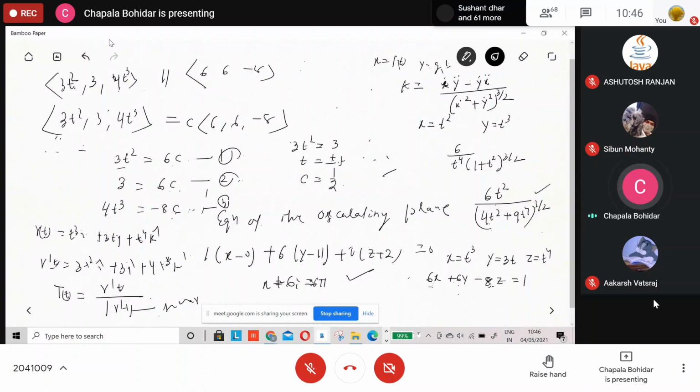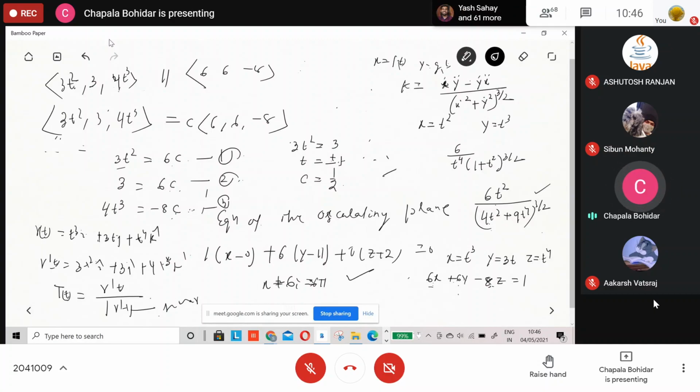Then that vector is also parallel to the normal vector of this plane, that is 6, 6, minus 8. Though these two are parallel, we can consider that one is a scalar multiple of the other. Then by comparing both sides, we write down 3 equations.